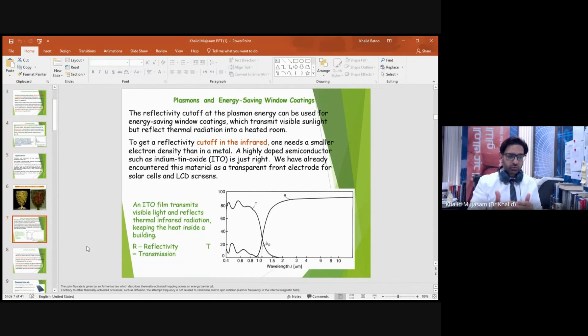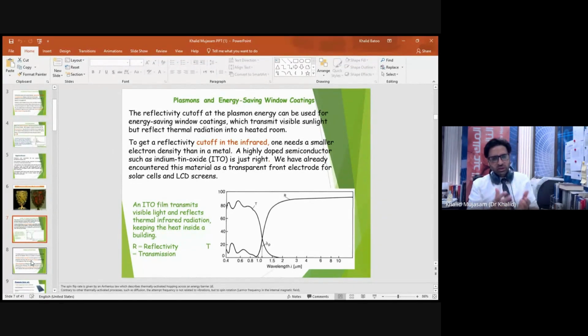That's where the plasmonic research goes on, because if all the light gets transmitted through the medium, then we are losing that energy. Similarly, if the amount of light which is incident on a surface gets completely converted into heat energy, that also is an issue.